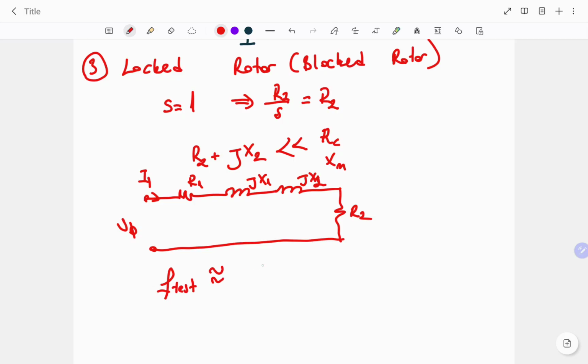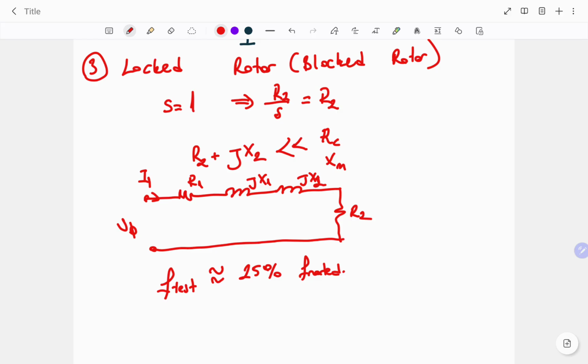So it will generally be 25% of the rated frequency during that operation to be able to find R1, X1, X2, and R2 relations. So the rotor frequency will be equal to the test frequency because we don't have any excitation branch in the circuit.